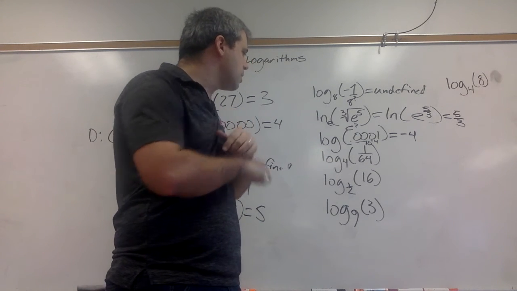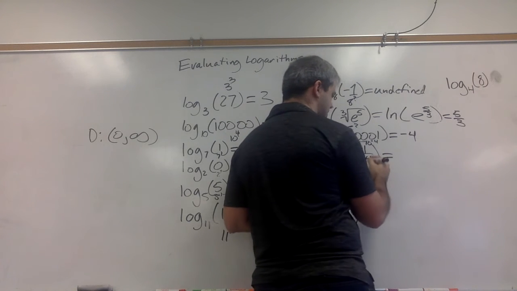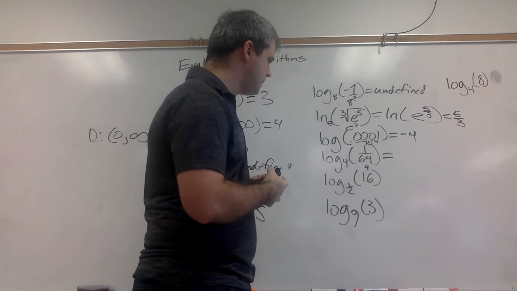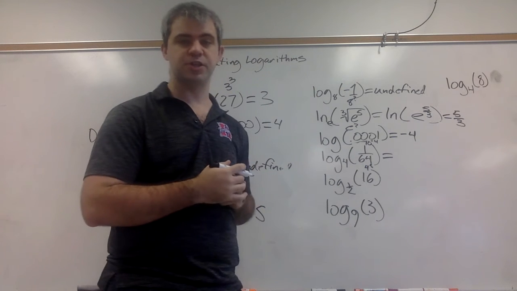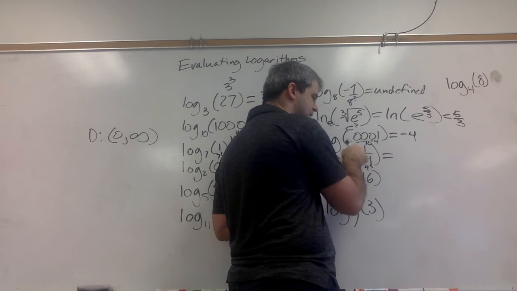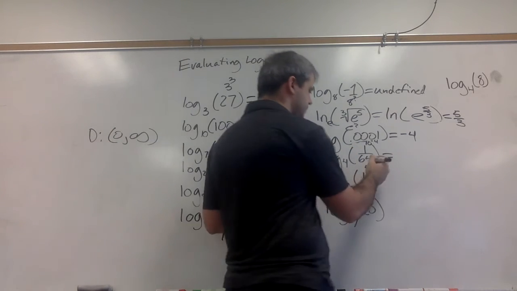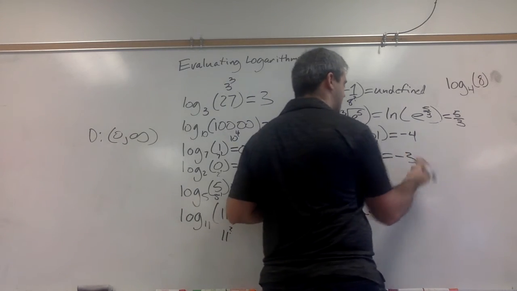Log base 4. So I need to change this to base 4. Well, that's going to be a little tricky. I know 4 to the third is 64 if you've got your cheat sheet. But that's not going to get me 1 over 64. So how do I get the reciprocal? It's going to be negative. So this is negative 3.